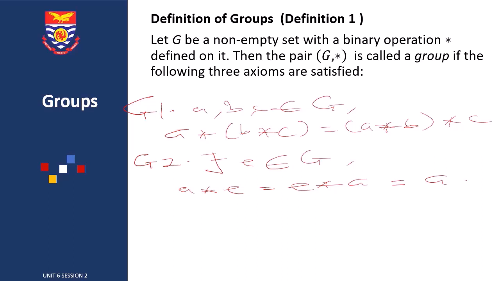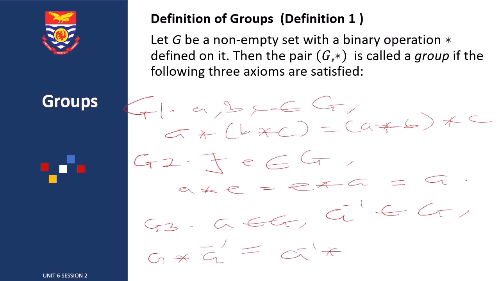The third axiom is that for each A in G, there is another element in G, which we refer to as A inverse, also in G, such that A operation its inverse is the same as A inverse operation A, and the answer is E, the identity element.